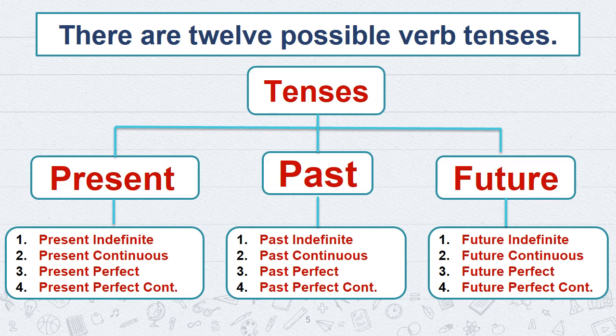Now, these tenses are further divided into 4 categories of each part: present indefinite, present continuous, present perfect, and present perfect continuous. Similarly, past indefinite, past continuous, past perfect, and past perfect continuous. In the same way, future indefinite, future continuous, future perfect, and future perfect continuous tense.